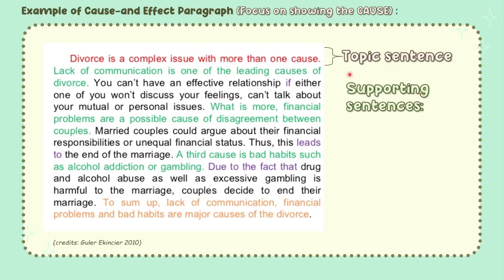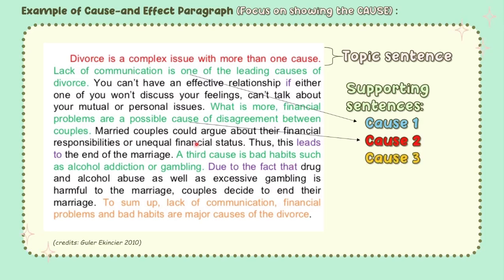So, kung doon sa topic sentence, nagkaroon ng overview kung ano ba ang mga tatalakayin, sa supporting sentences, ito na ang mga dahilan. So in this example, first cause given is lack of communication. Next is the financial problem.